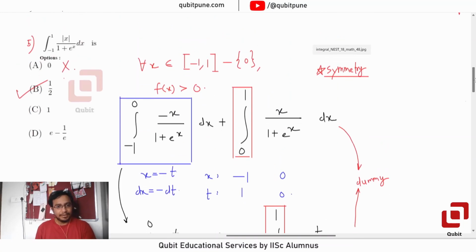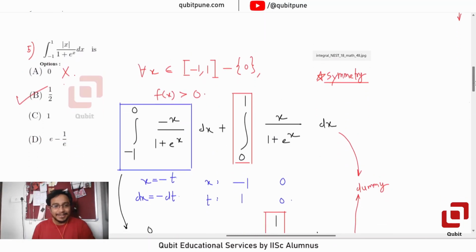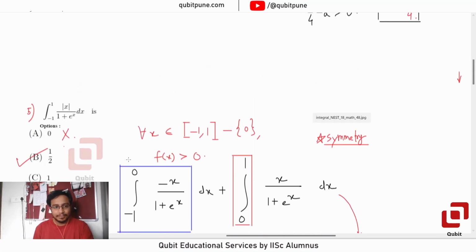Okay, now let's come to that King's rule according to you. Well, I didn't know that it was called King's rule. I just say a plus b minus x. But anyways, you said a plus b minus x, use it for mod x. I think that will also work. Let's do it.